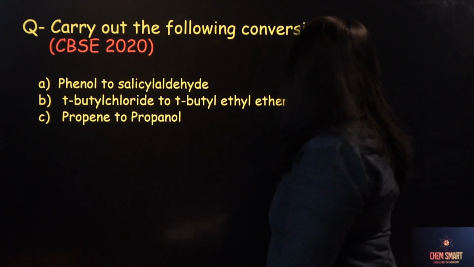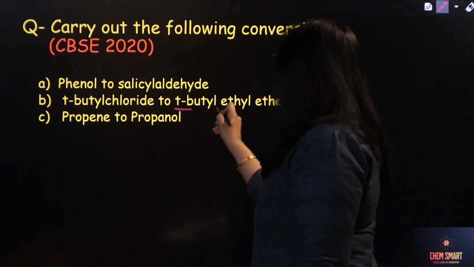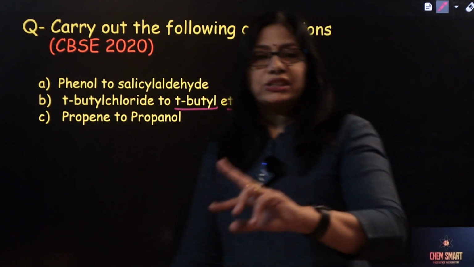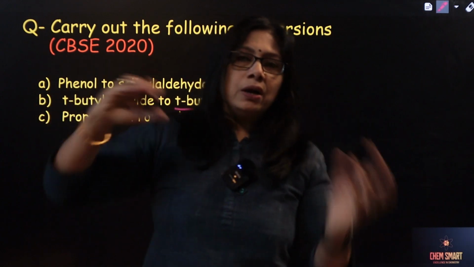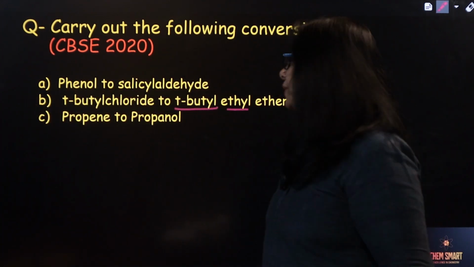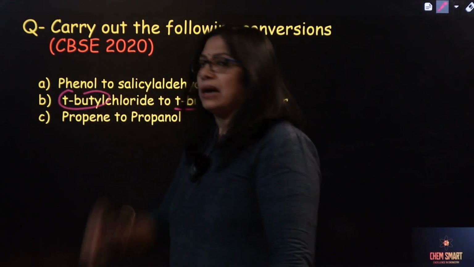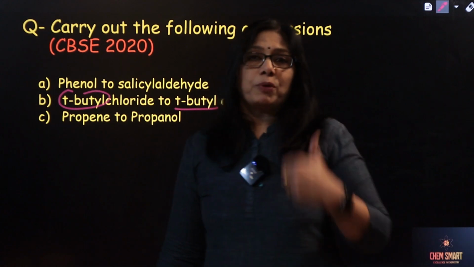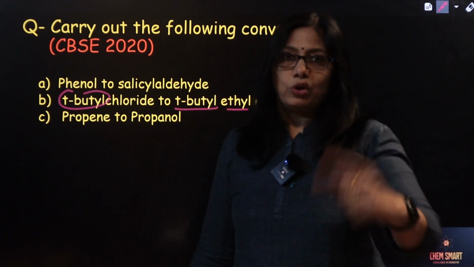Here you need tertiary butyl ethyl ether. Tertiary butyl and ethyl are the two alkyl groups required on either side of the ether linkage. But the tertiary butyl part is the alkyl halide. We cannot proceed with a tertiary alkyl halide because what you need is ether, not alkene.